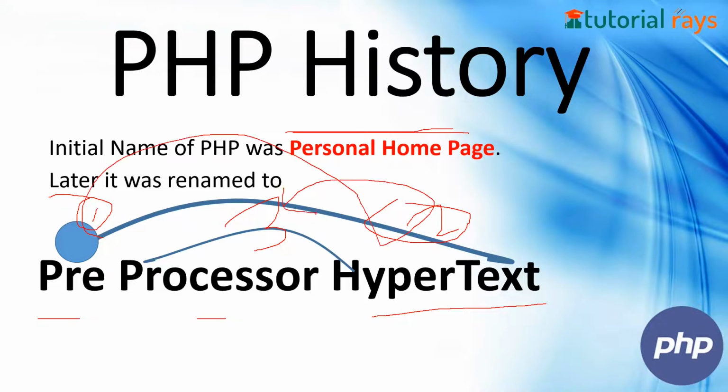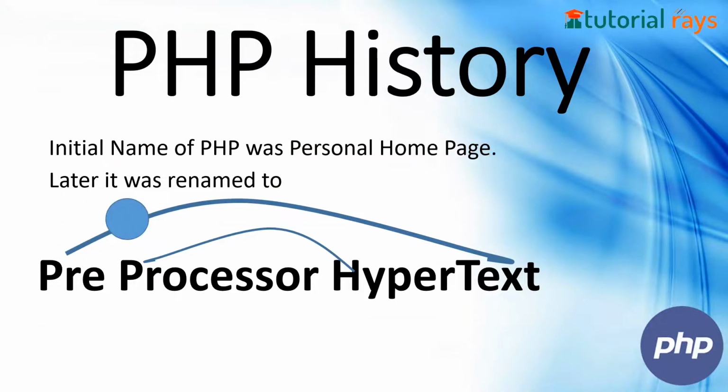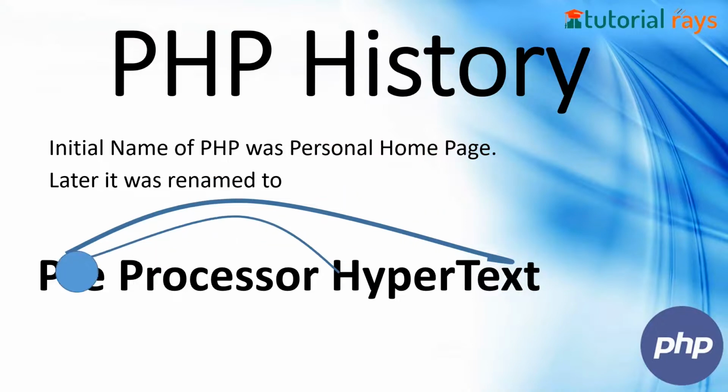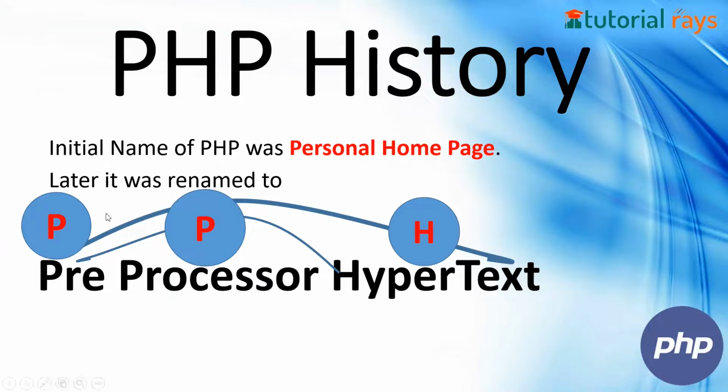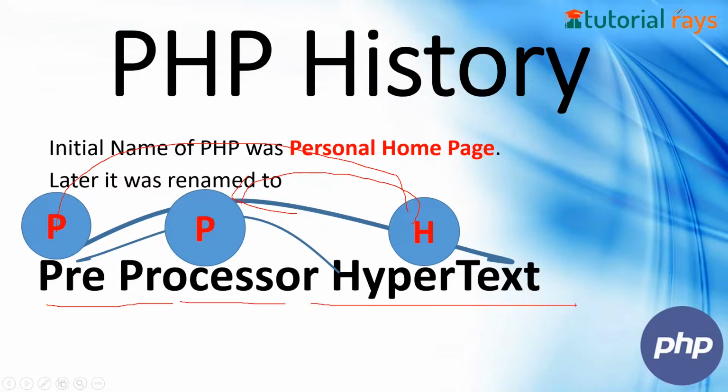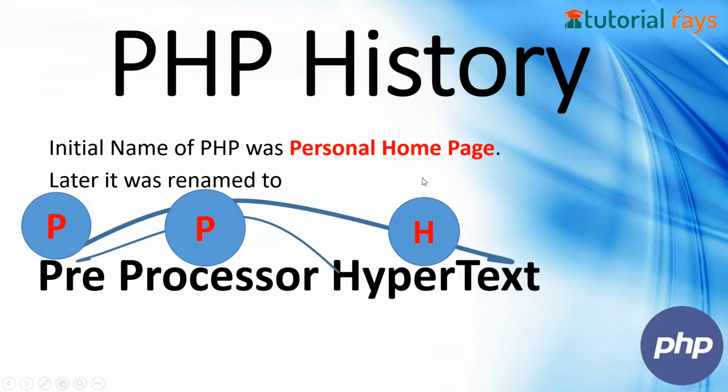That's why I have illustrated it here. You can see PHP. If you read it directly, it's not PPH, it is PHP. Its full name is PHP: Hypertext Preprocessor. The initial name was Personal Home Page, later it was changed to PHP.